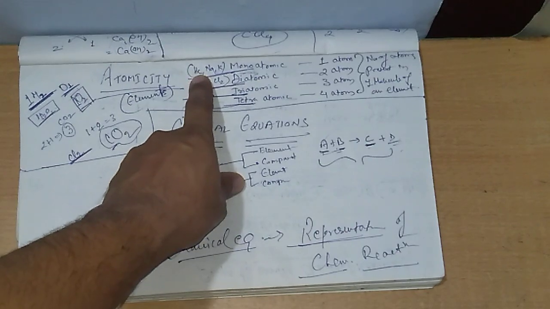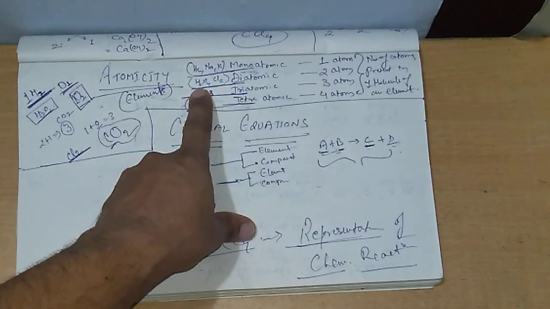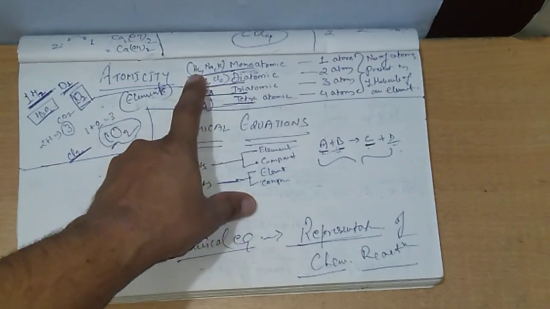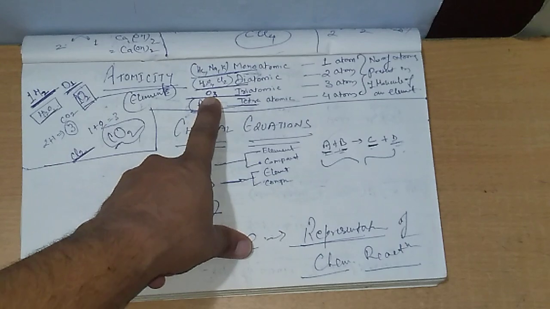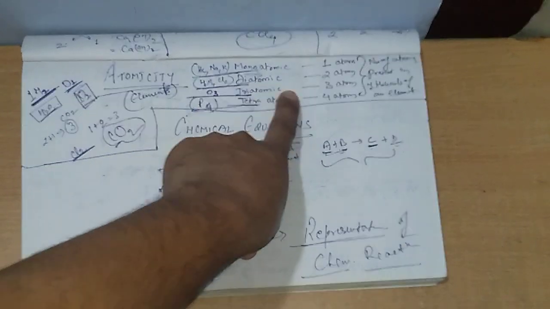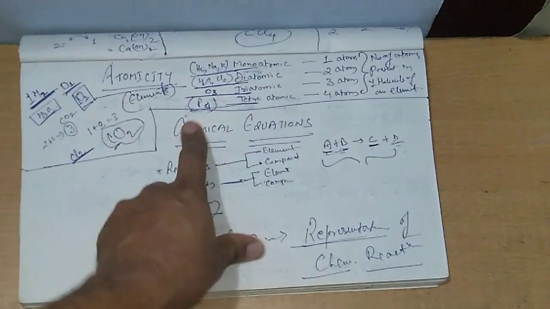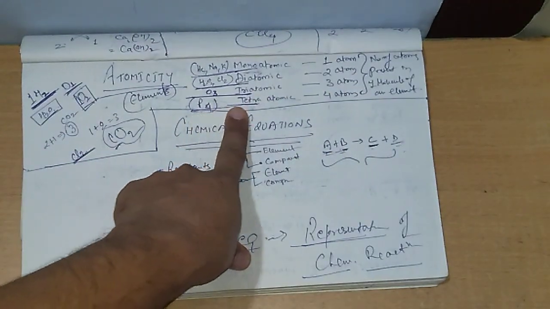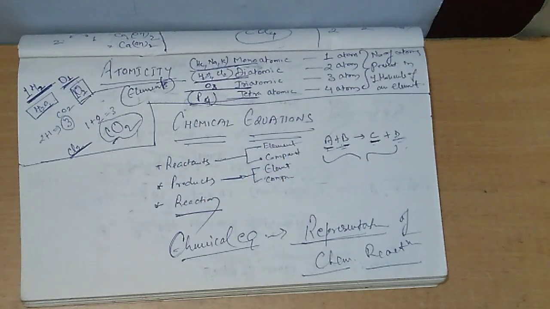So helium, sodium, potassium are monoatomic. Hydrogen, oxygen, chlorine are diatomic in the free state. O3 is triatomic; ozone, the ozone layer, is triatomic. P4, phosphorus 4, is tetraatomic, clear.